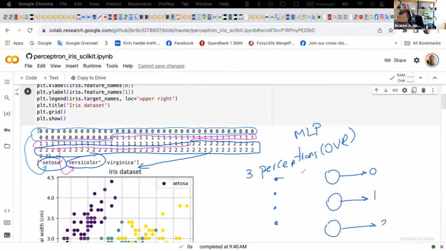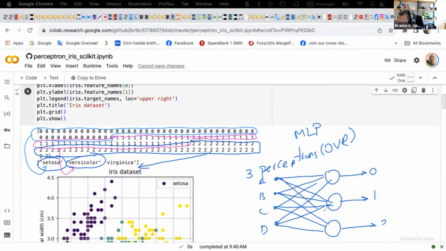Maybe we have 4 inputs, A, B, C, and D, and we need to make those connections to every perceptron. So it will be like this.